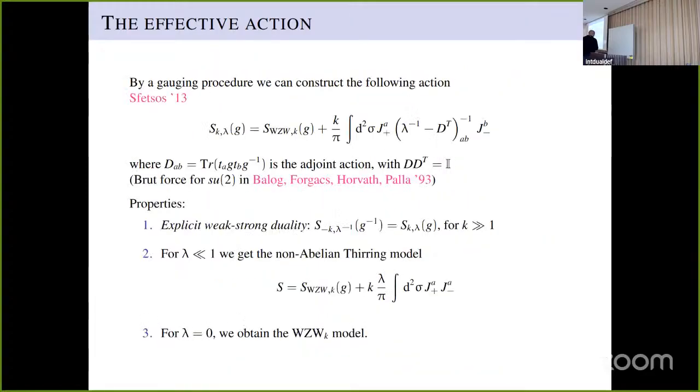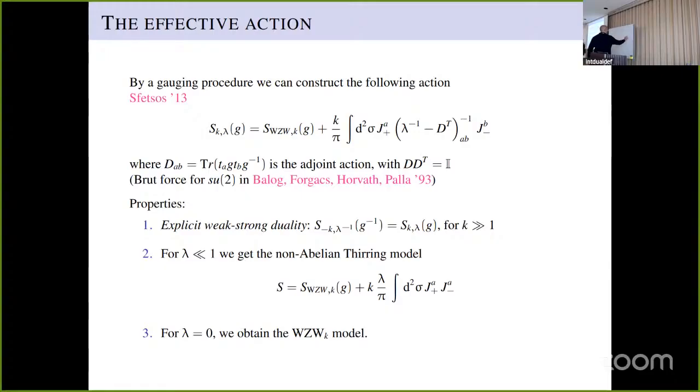Going back here, I can write the fields in this indicated form. So if I expand my parameters like that, with T_a my group generators, if I do something like that for the group element, then the action, formally, that is only for notation, in light-cone coordinates takes this form.